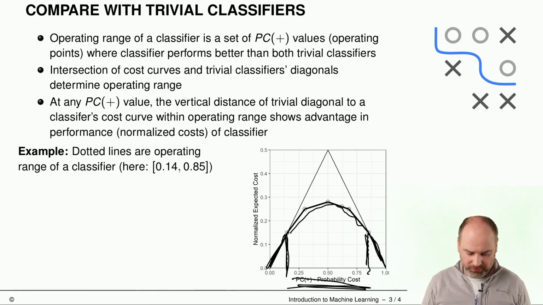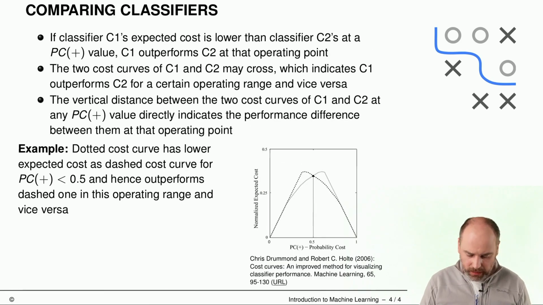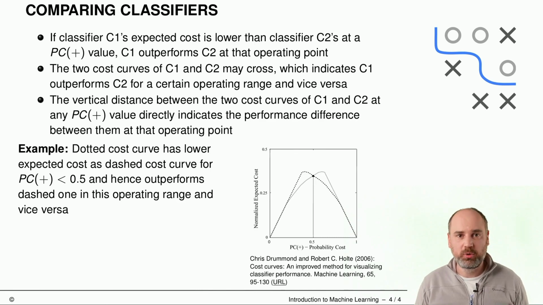We can also begin to compare cost curves of different classifiers. I guess that is what we wanted to do anyway. So pretty obviously, if at a given PC plus value, classifier C1's expected costs are lower than what C2 does at exactly the same PC plus point, then C1 outperforms C2 at that operating point.